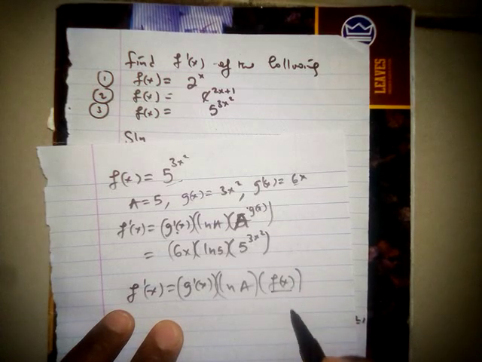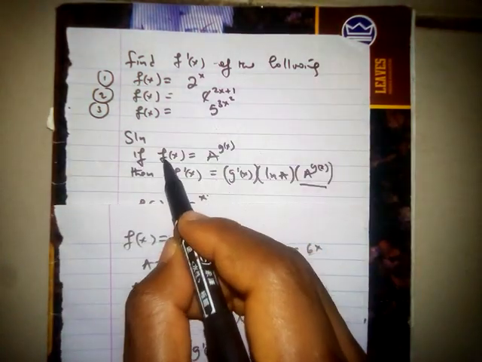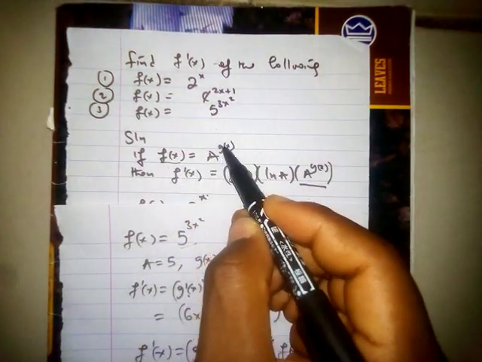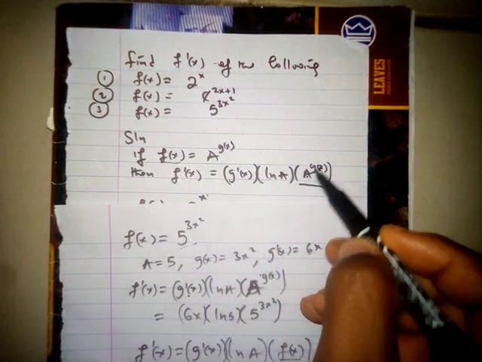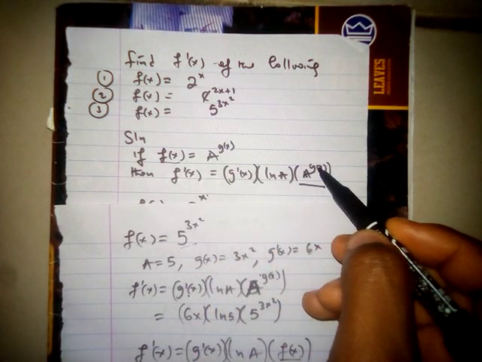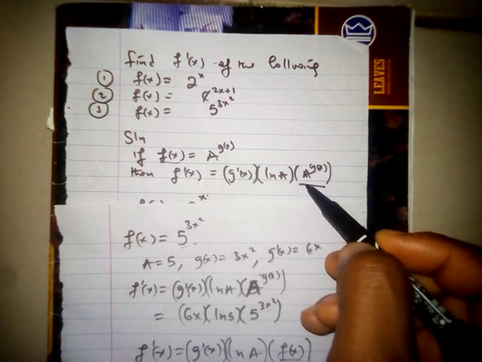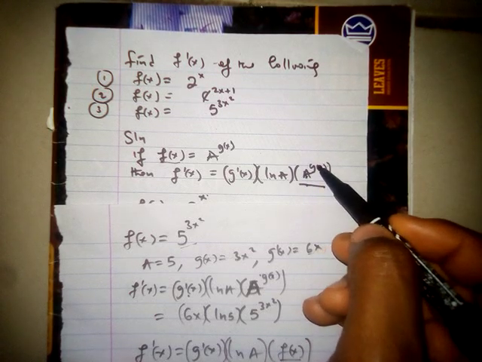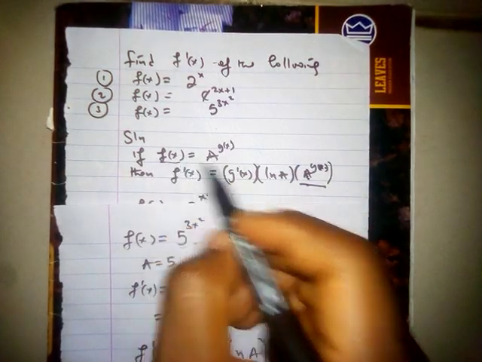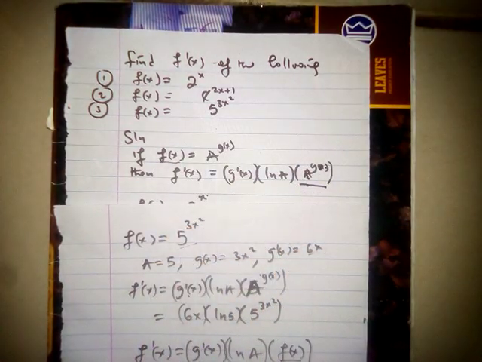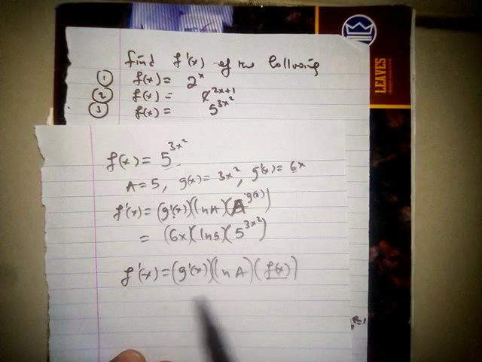Why did I put f of x? Because originally my f of x is a raised to the power of g of x, and here we have a raised to the power of g of x. So a raised to the power of g of x is simply my f of x. Whichever way, they are all the same.